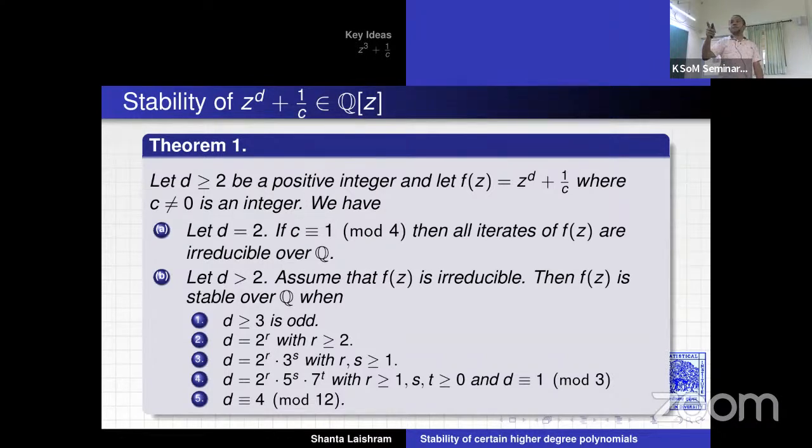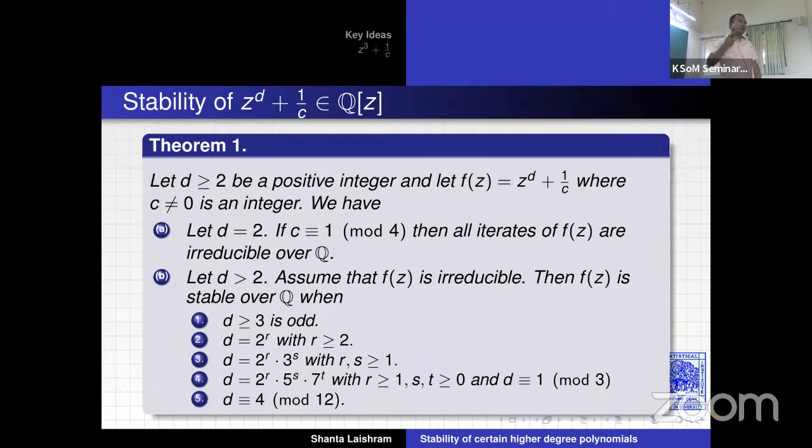If you take d equal to 2, that is x^2 + 1/c, when c is congruent to 1 mod 4, then all the iterates are irreducible. I'm going to tell you what happens if c is not 1 mod 4.